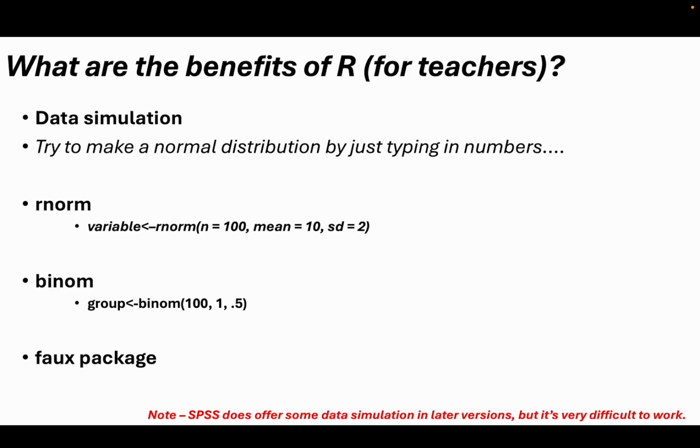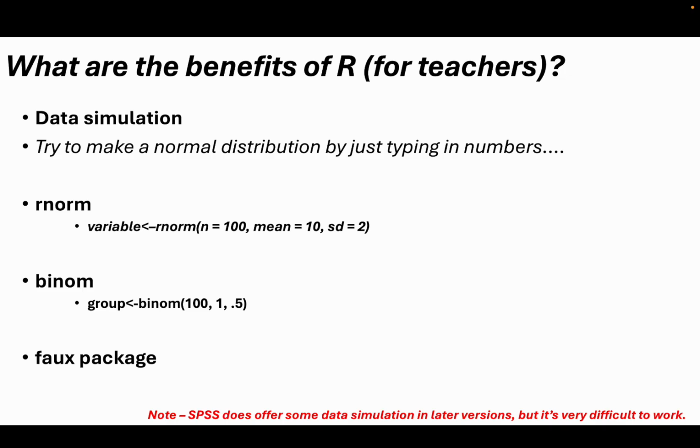rbinom creates a binary variable. So in this case, it will create me, again, 100 data points, and it will give me a bunch of zeros and ones with 50% 0 and 50% 1. There's also the excellent faux package, which will create fully simulated data sets rather than individual variables.